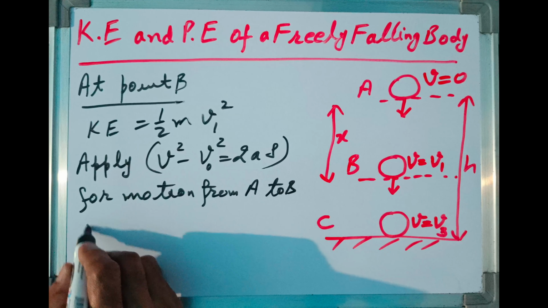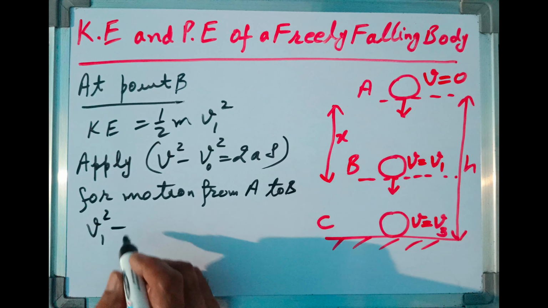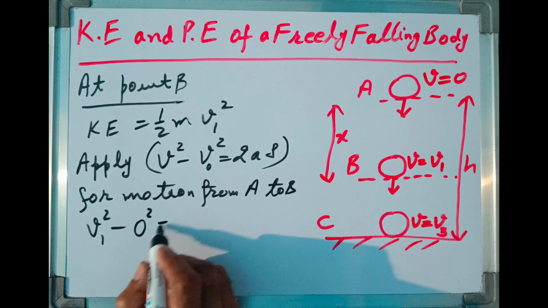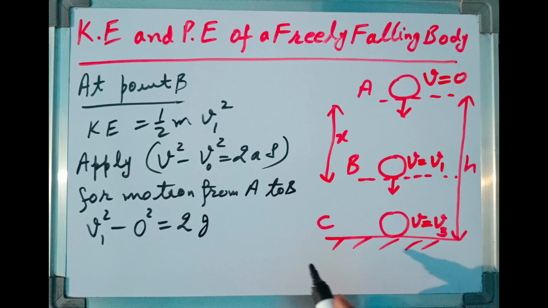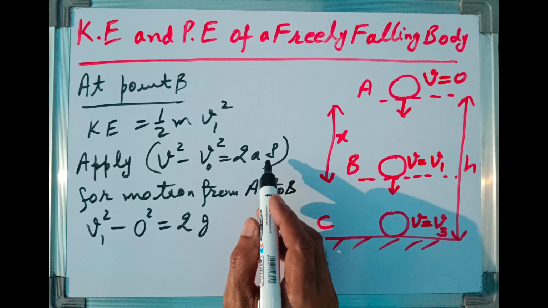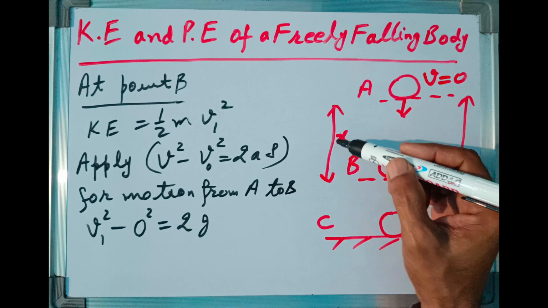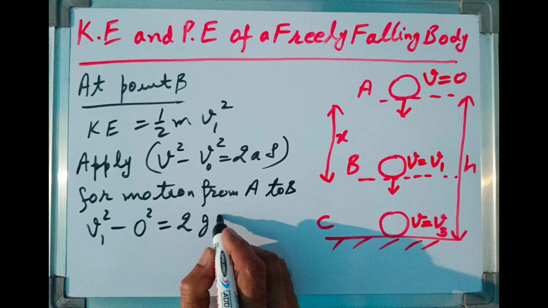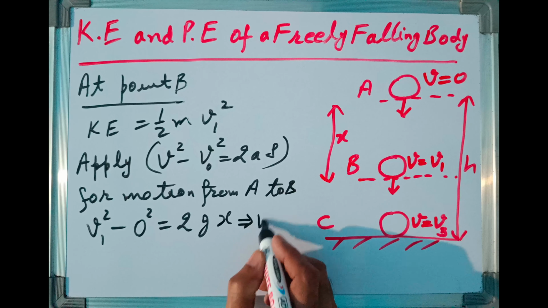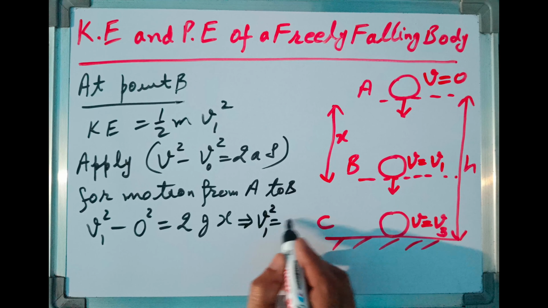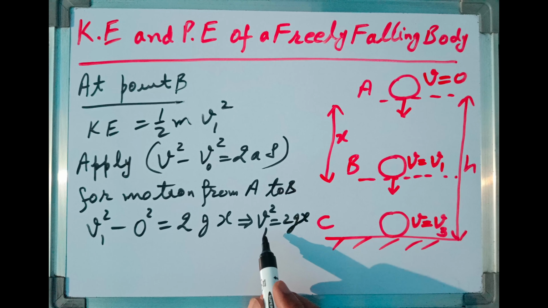So v will be replaced by v1 square minus v naught square, means initial speed square, equal to 2. Acceleration is acceleration due to gravity because body is falling freely. S means distance traveled from point A to point B. This distance we have supposed equal to x. So using this I can write v1 square equal to 2gx.